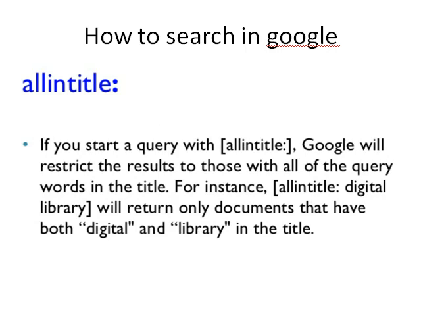If you start a query with allintitle, Google will restrict the results to those with all of the query words in the title, not in the URL, only in the title of the document. For example, if you use allintitle optimization technique, you have as your results only the documents that have optimization and technique in the title of the document.